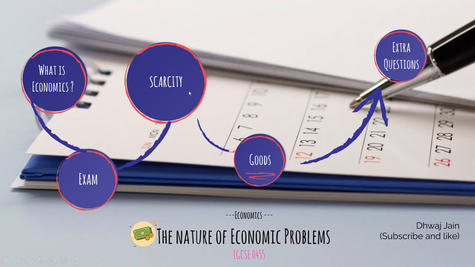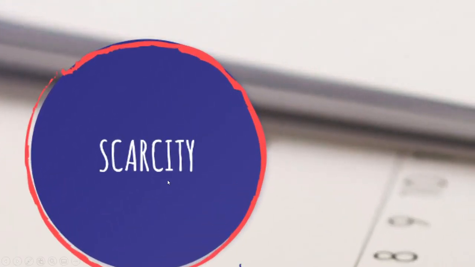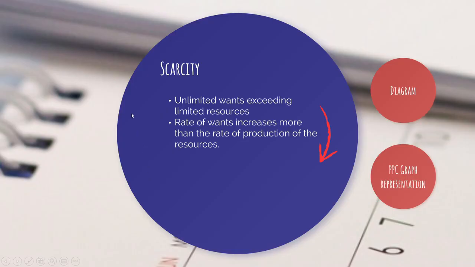Let's start with the first chapter, the nature of economic problems, and the first topic is scarcity. It's not basically scarcity, but we need to learn this in economic terms. Scarcity is unlimited wants exceeding limited resources. For a more elaborate answer, we can also write that the rate of wants increases more than the rate of production of the resources.